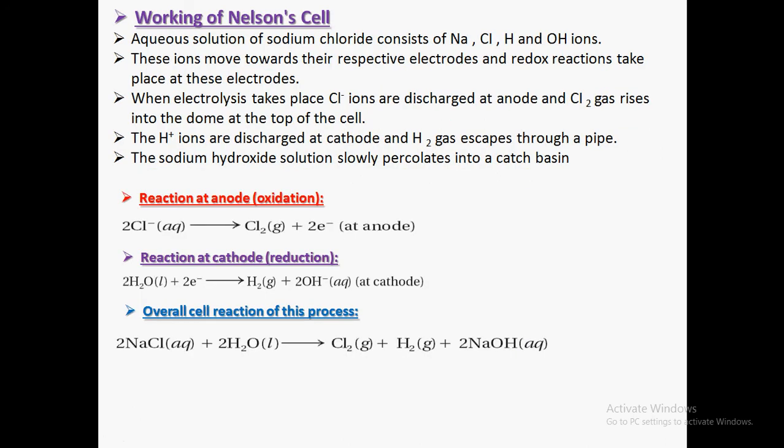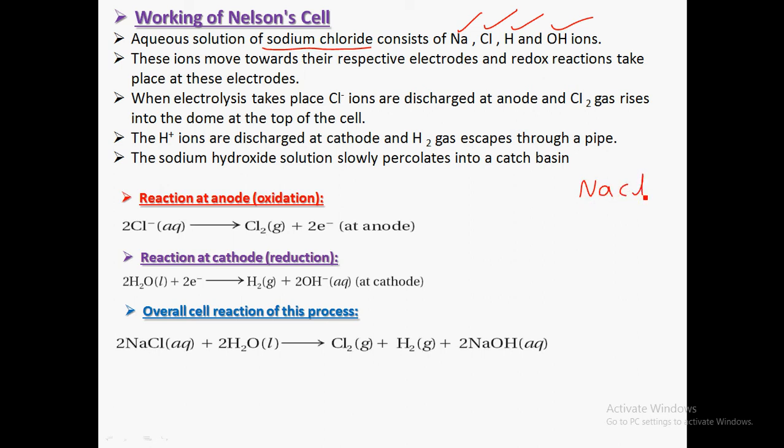Next, the working of the Nelson cell. As you know, the aqueous solution of sodium chloride has different ions: sodium ion, chloride ion, hydrogen ion, OH ion. How can you say this?